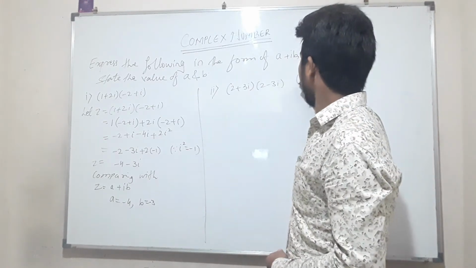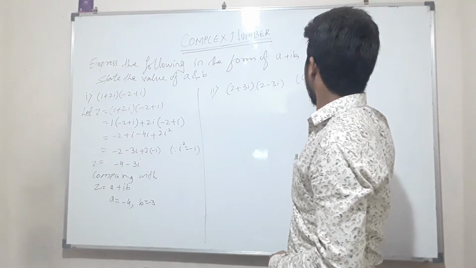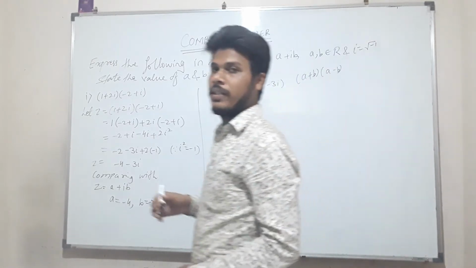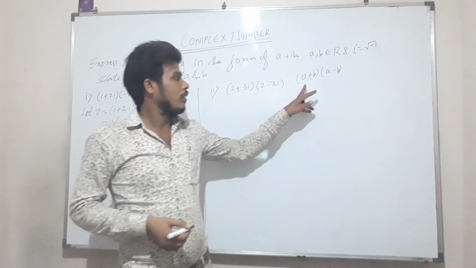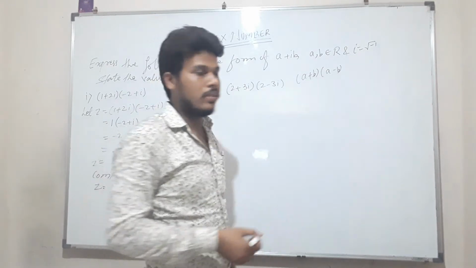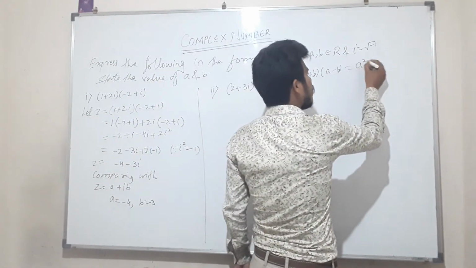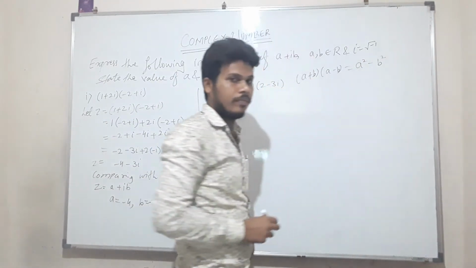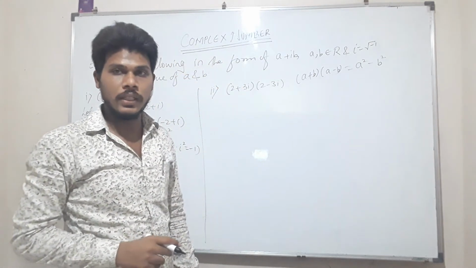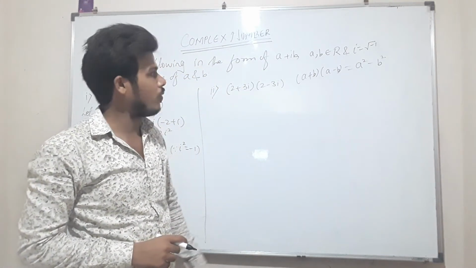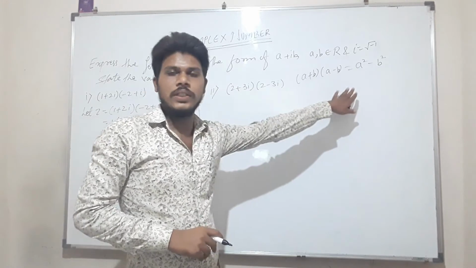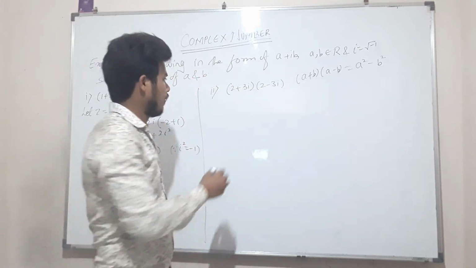What is that formula? (a plus b)(a minus b), that we have seen in previous standards, is nothing but a square minus b square. So we can use this formula here also.